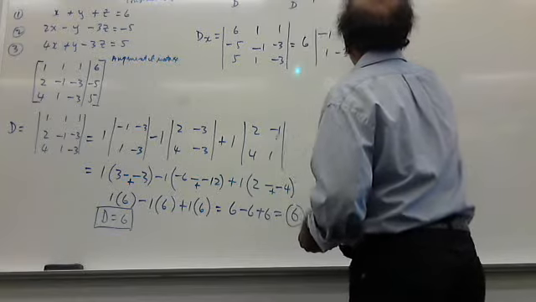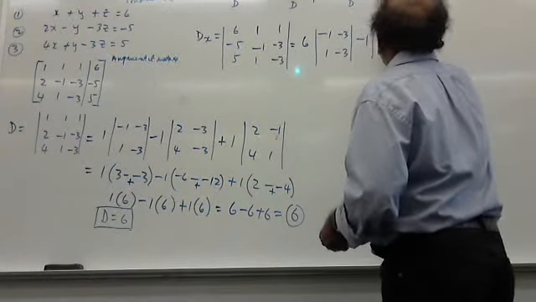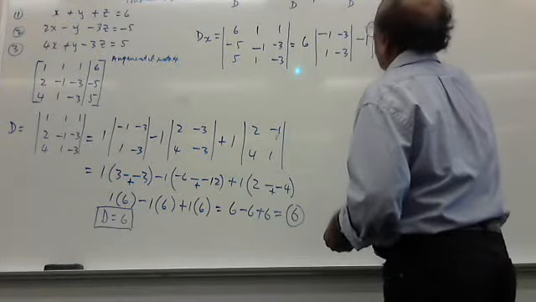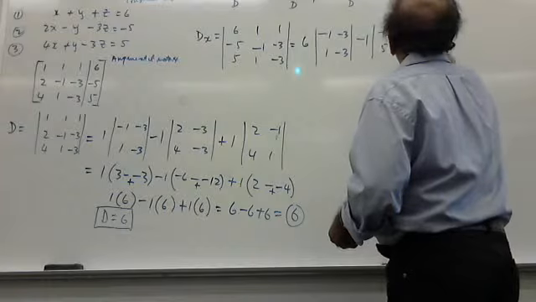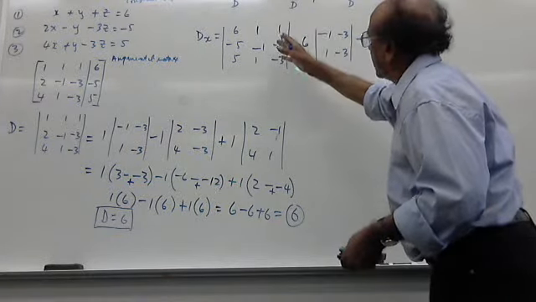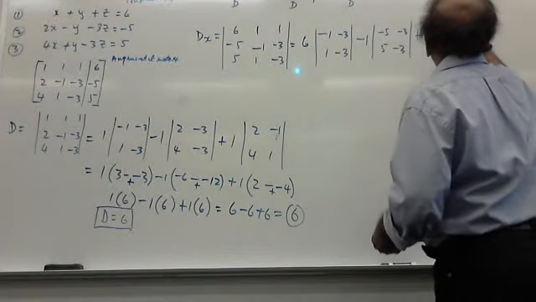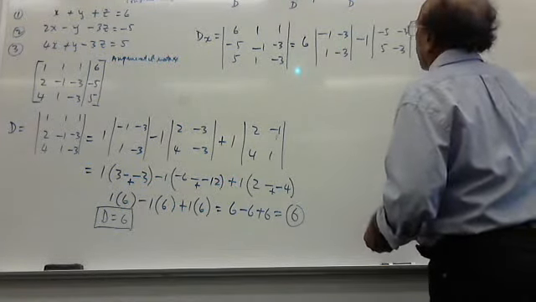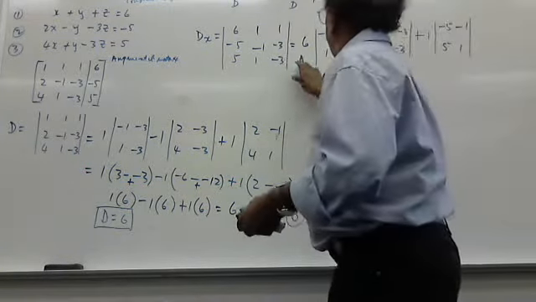And this is going to be -1 times -5 and -3, 5 and -3, and then we have a +1 times, we are not going to use anything in first row and third column, so we use -5 and -1, 5 and +1. Now let's find the determinant for this.